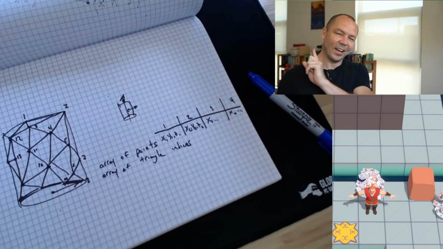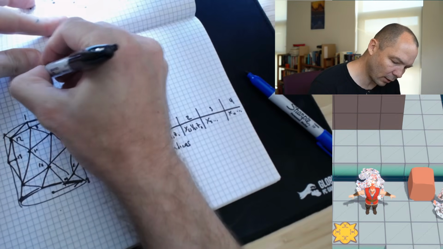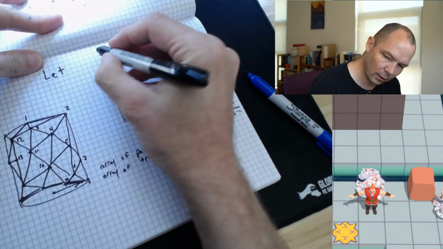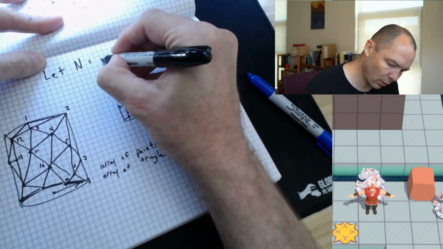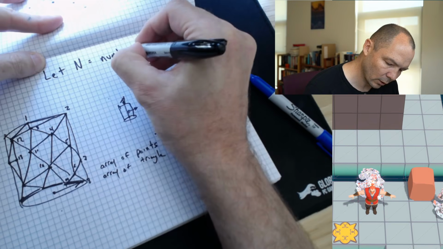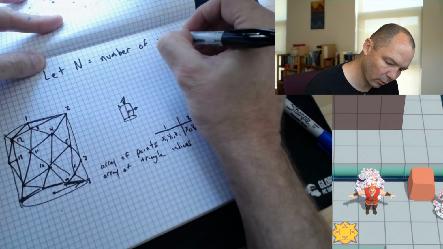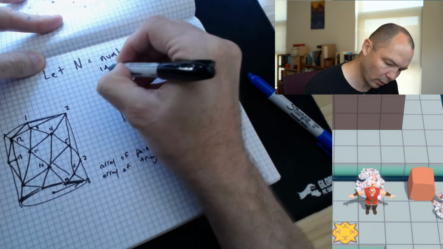okay. Let's add 2 more variables. Let n be the number of vertices in the cheesecake, right?